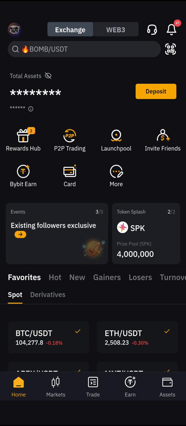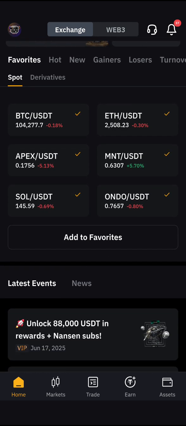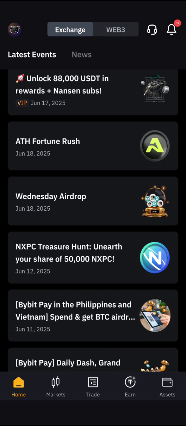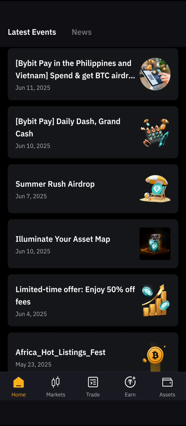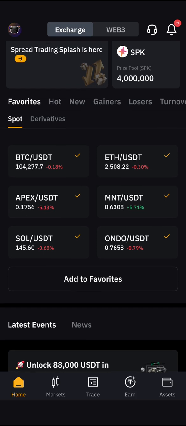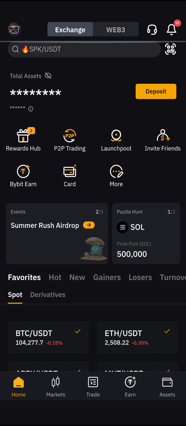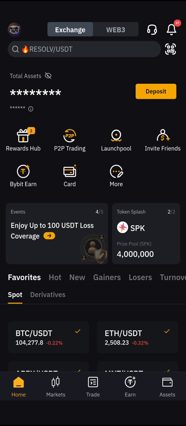So all you need to do right now is to make sure you have some available USDT in your account. I don't have any funds right now, but before you can do this, you just need to have a few USDT in your account, practice this carefully and dive into it. So let's quickly go into that without any waste of time.